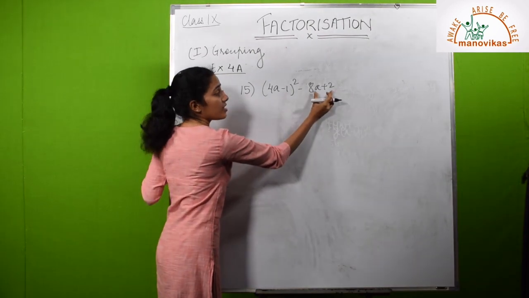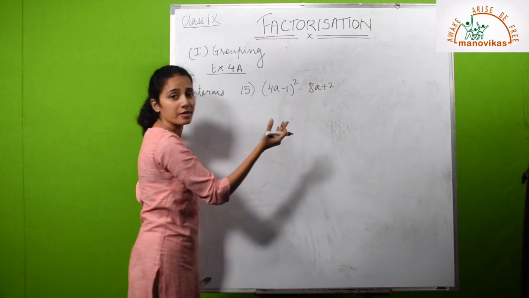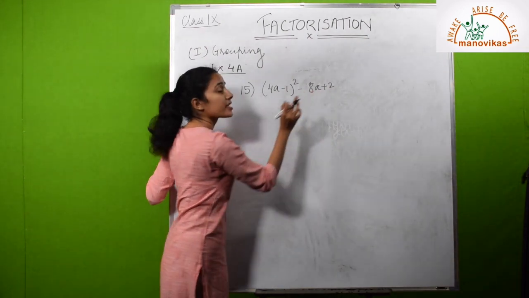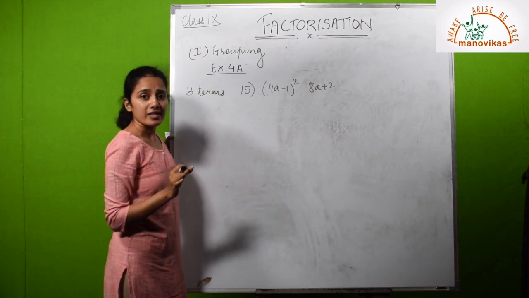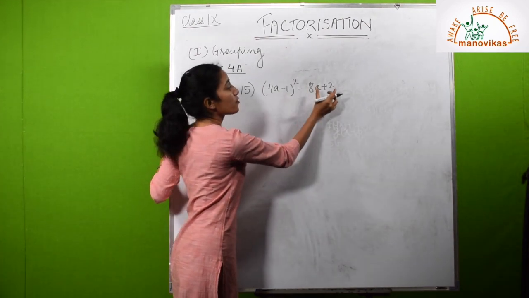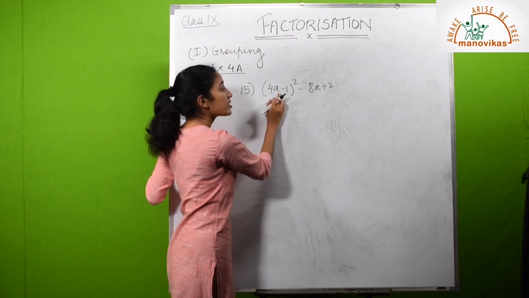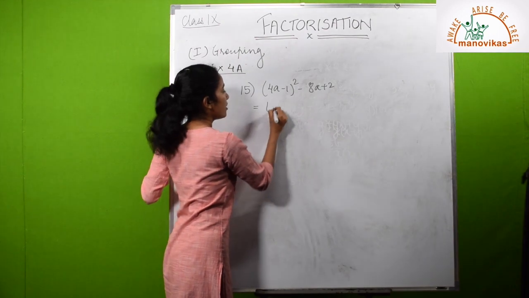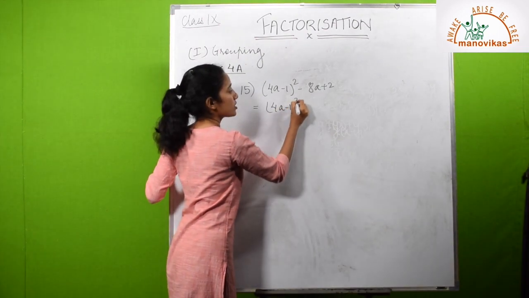Using the other two terms which are not in the bracket, you check if you can obtain the same bracket by taking a common factor. If that is not possible, then you open up the bracket. But in this case, you see that from the other two numbers, you can obtain the same bracket by taking a negative 2 common. So you have 4a minus 1 the whole square.